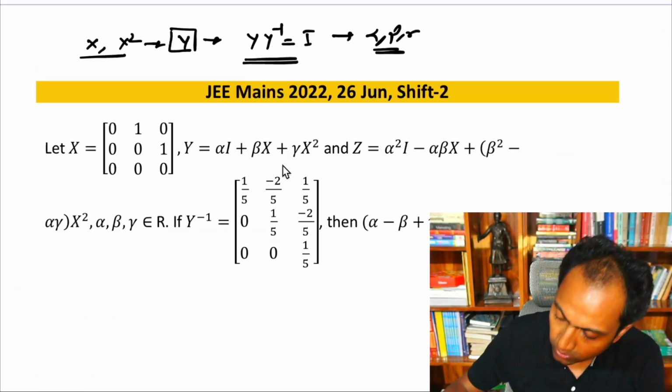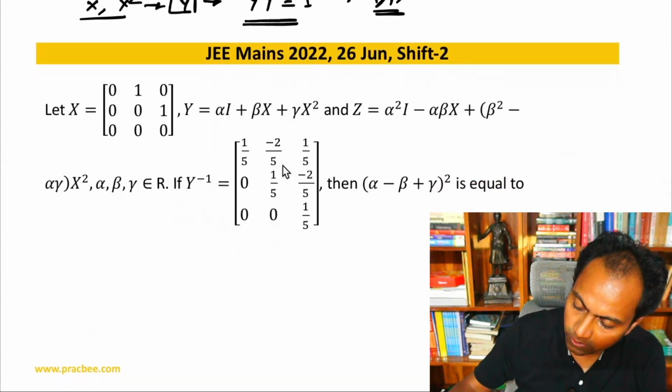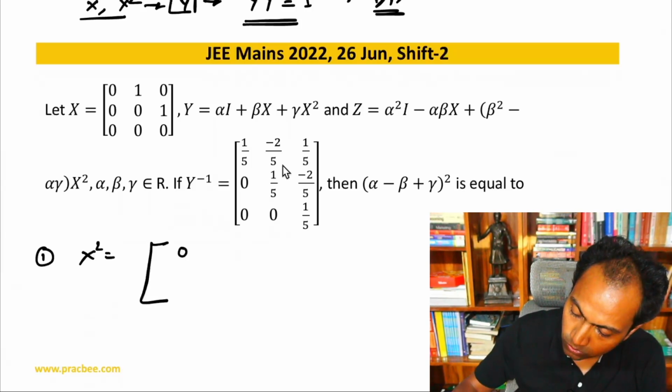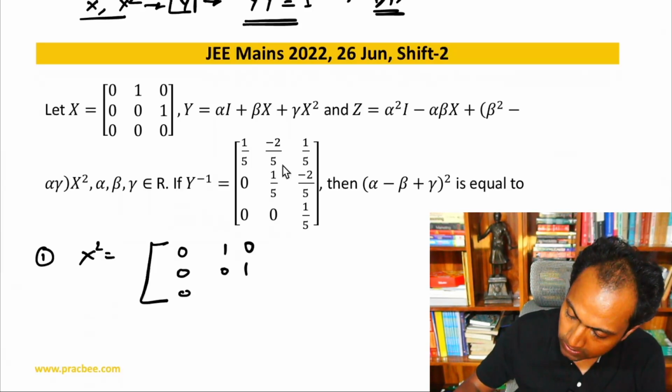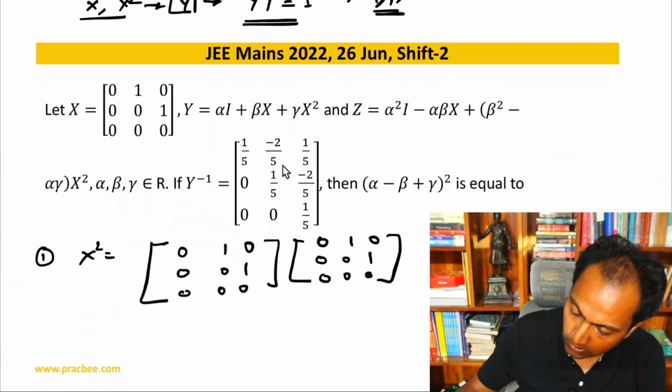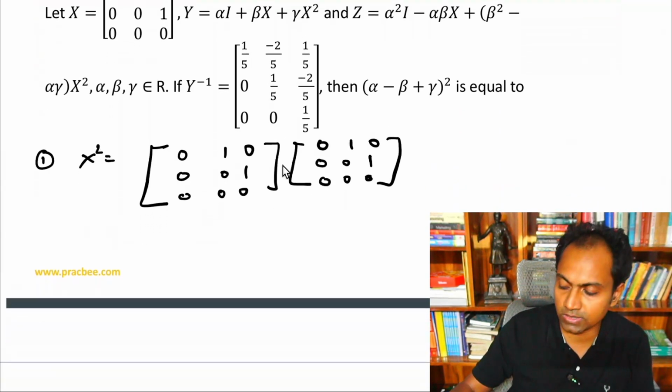Now once we want to do this, the first step is to find the value of x square. So let us find the value of x square. So x square will be equal to [0, 1, 0; 0, 0, 1; 0, 0, 0] times [0, 1, 0; 0, 0, 1; 0, 0, 0]. Let us multiply them and see what is the answer that we are getting.